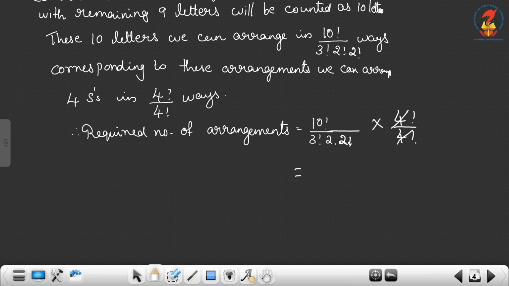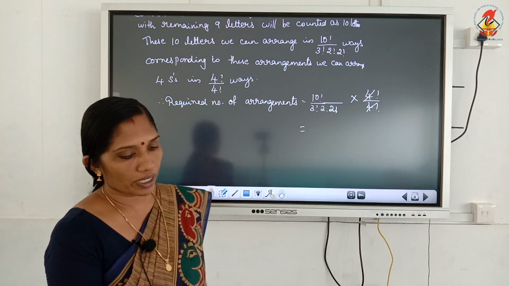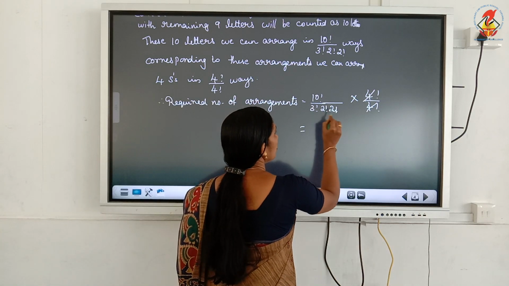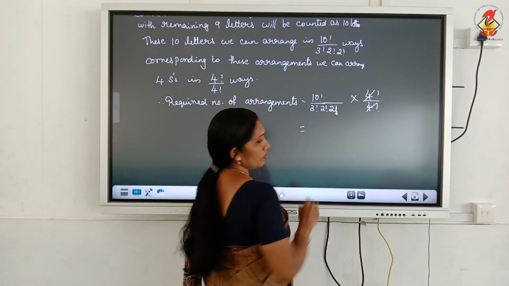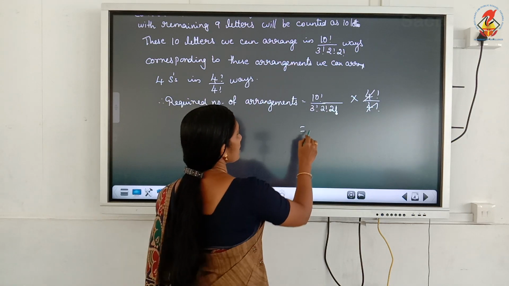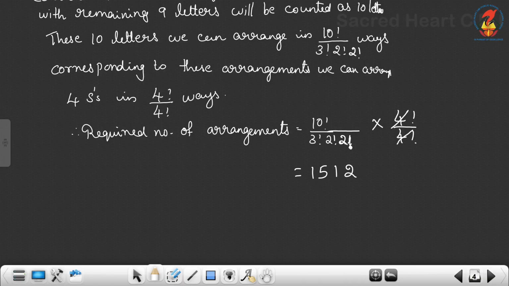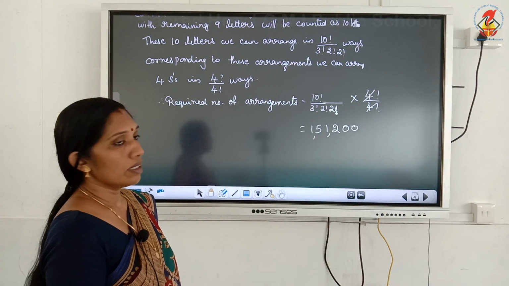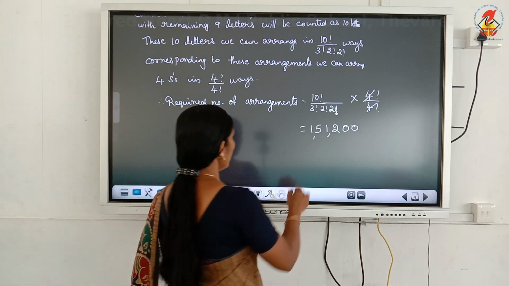So this is 1. Now calculate 10 factorial by 3 factorial into 2 factorial into 2 factorial. Okay. So that value is 1,51,200.